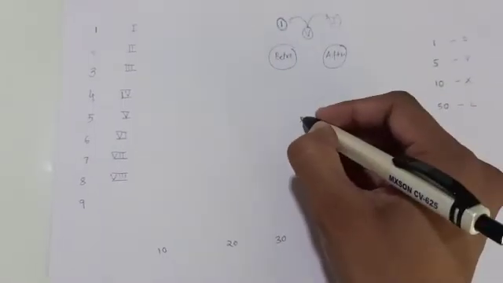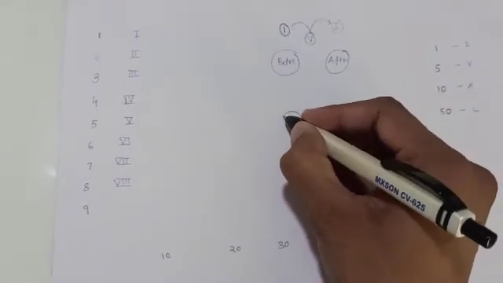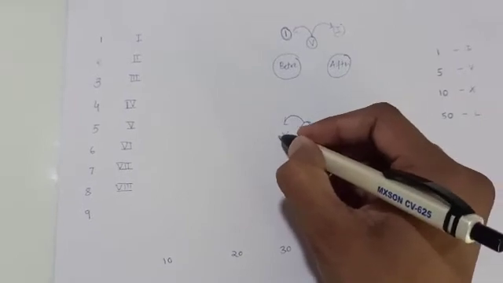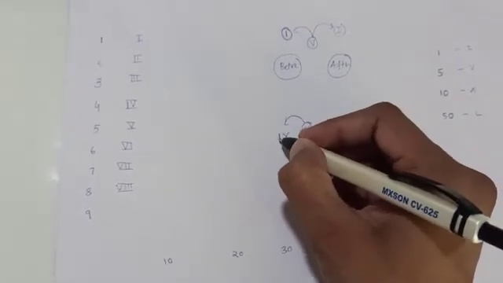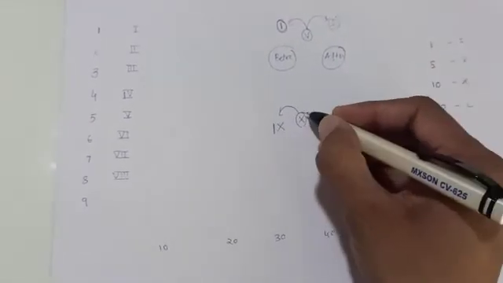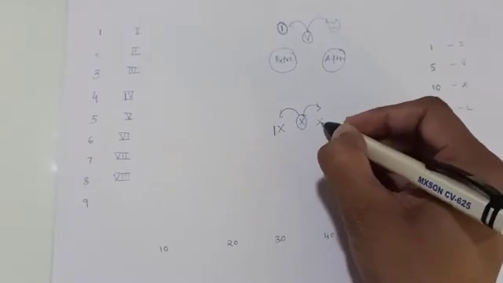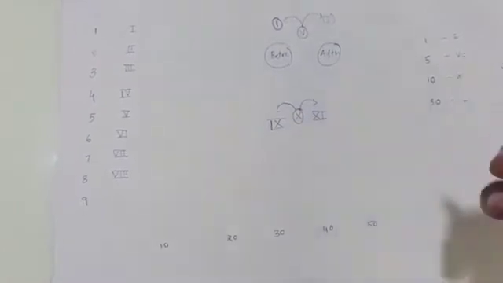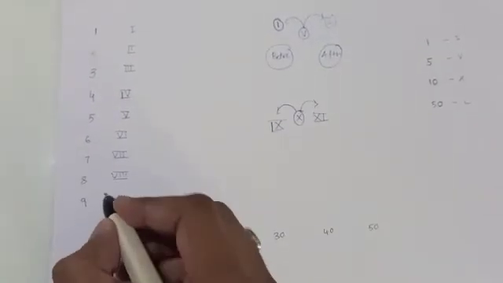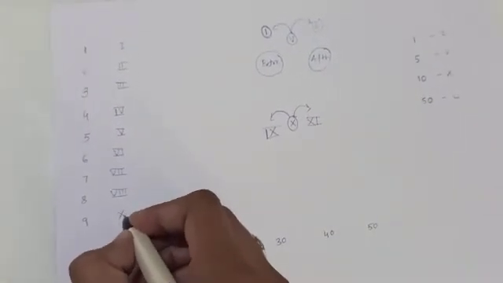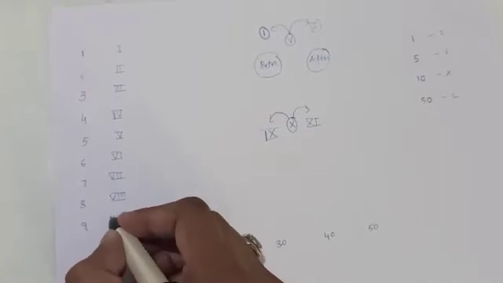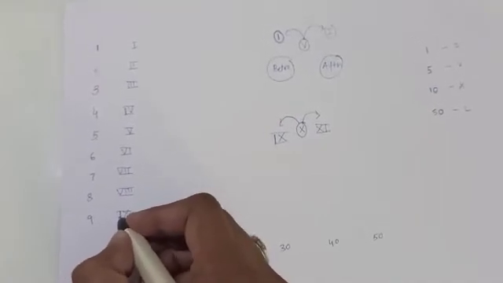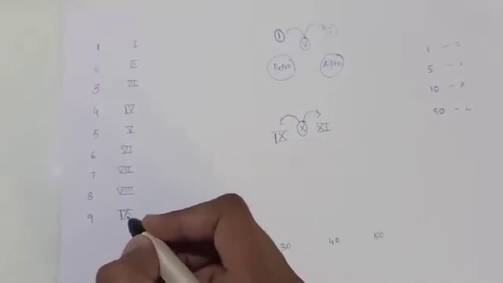When we write X, the before number, X minus I, is 9, and the after number for 11 is X and I. Simple. You are too good, students. Here X and before it 1, I, so 10 minus 1 is 9.